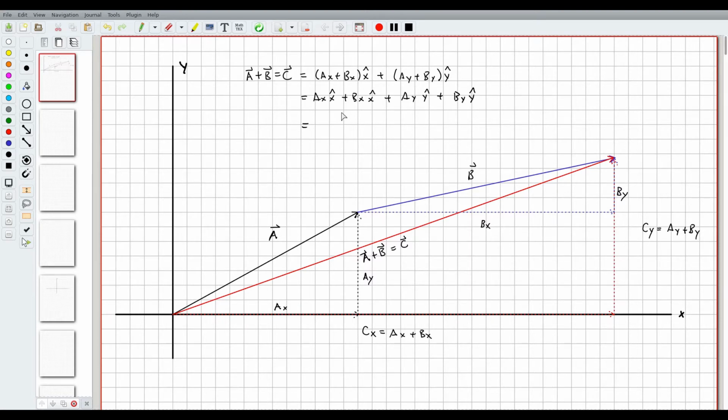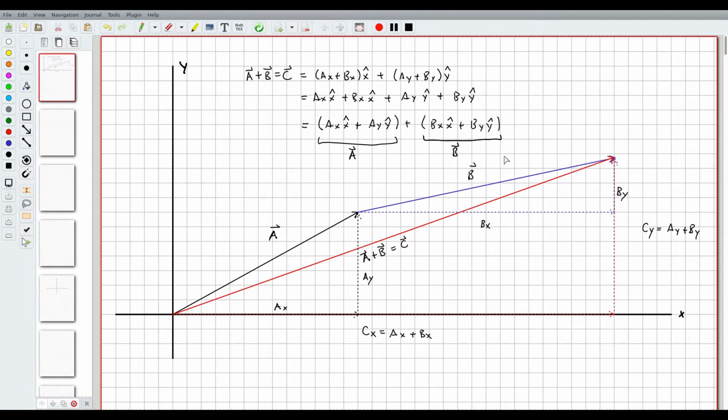Now I'm going to group them by letters. And this right here is the component form of A. This right here is the component form of B.